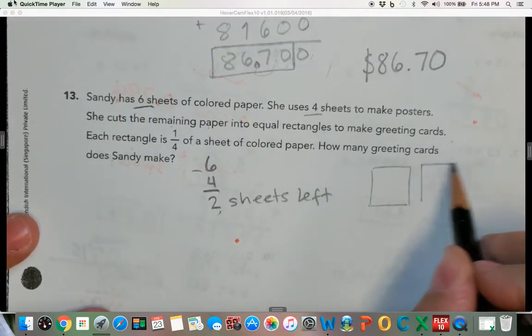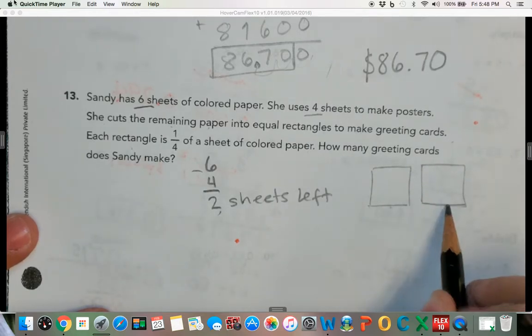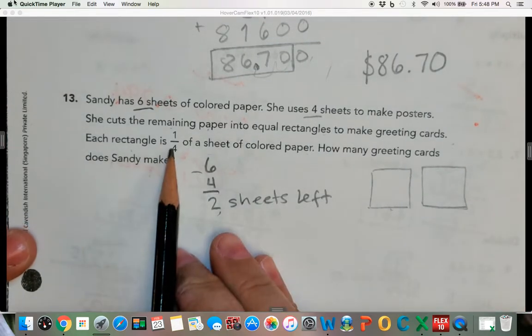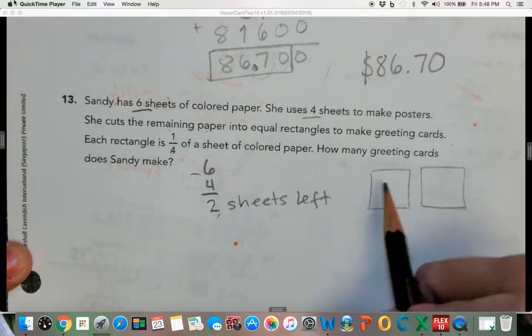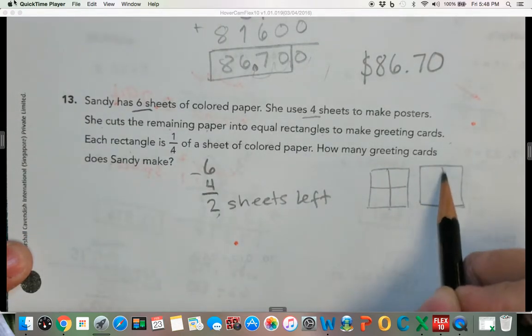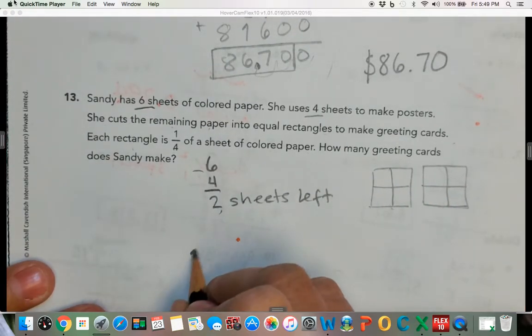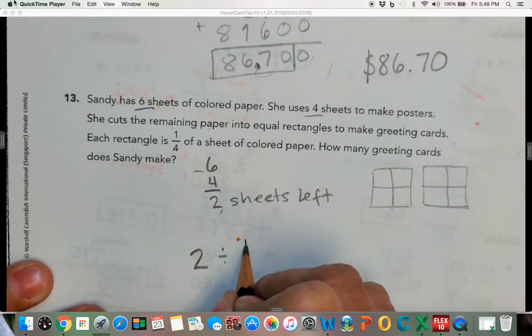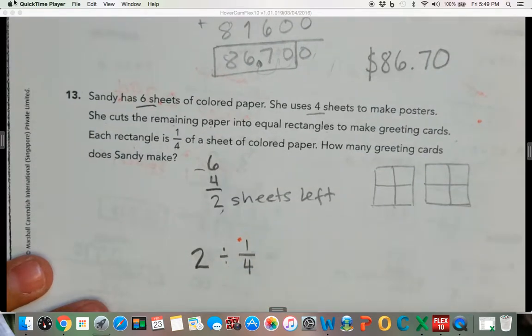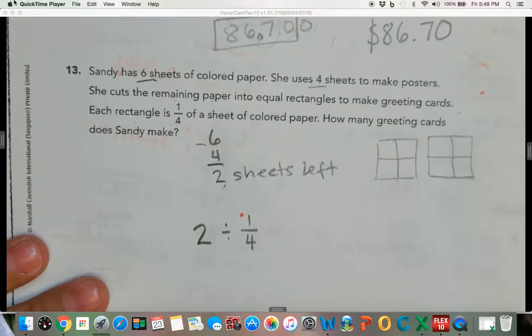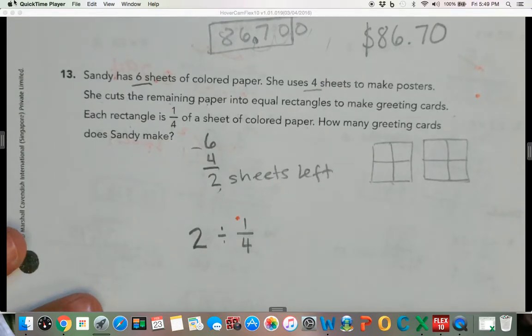Sandy has 2 sheets of paper. 1 sheet, 2 sheets. Each is 1/4. So she's taking 2 and dividing it into 1/4 pieces. How many pieces will she have?